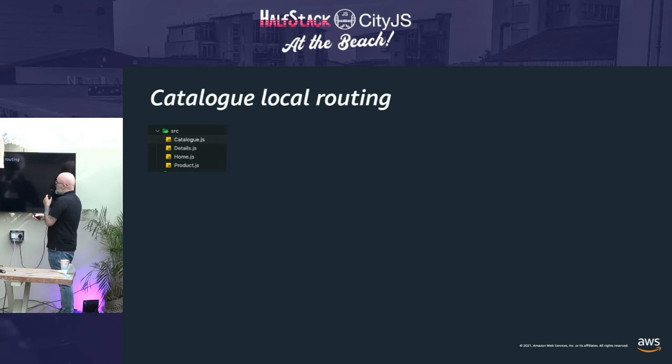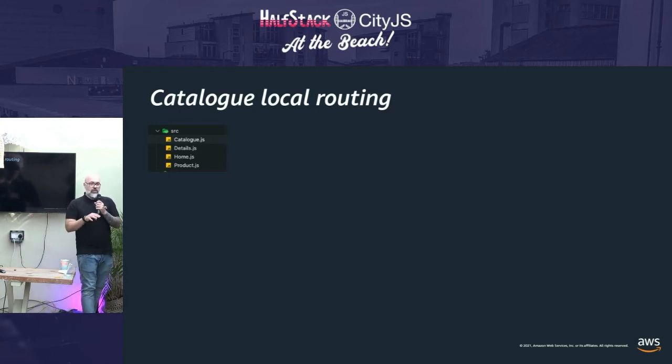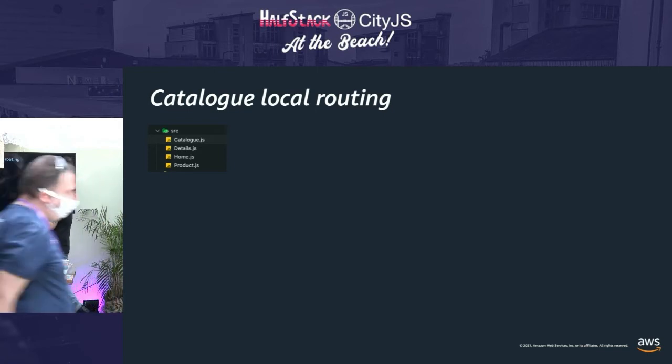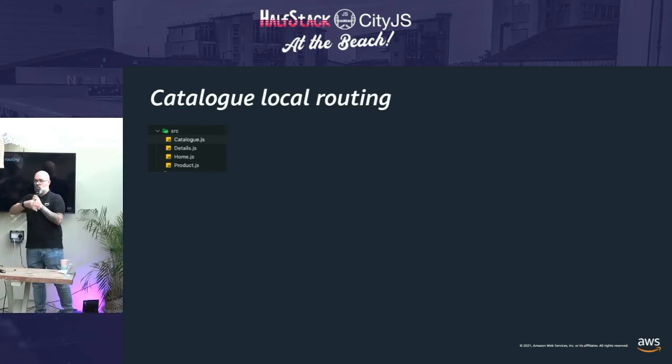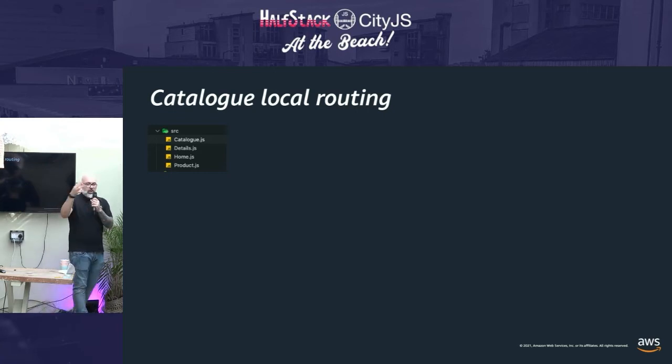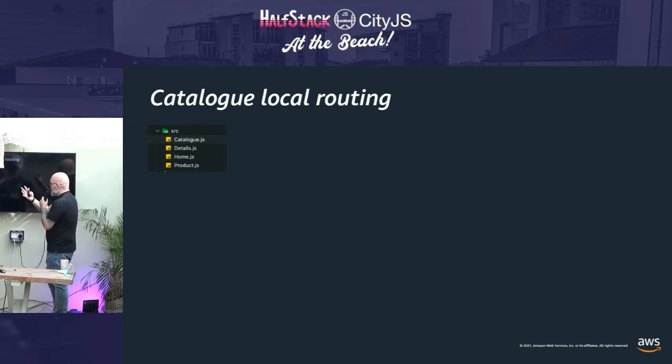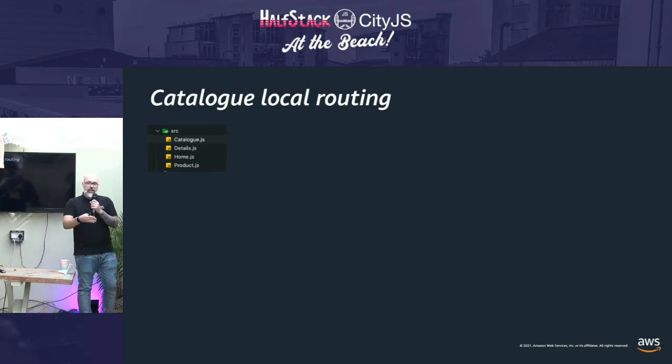In the catalog side, we have another challenge of micro-frontends. I want to have the possibility to have a local routing. So if an application shell is responsible to handle the global routing, or what happens when I move from one view to another one, or from one domain to another one, in terms of domain-driven design, not domain like URL domain, in this case, I can have a local routing that is handled by my micro-frontend.